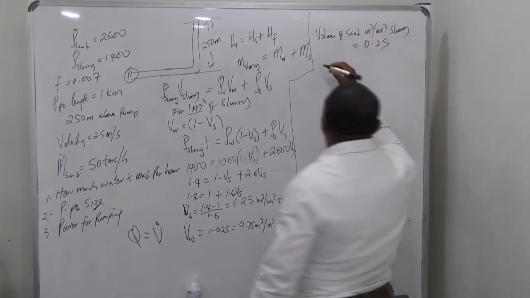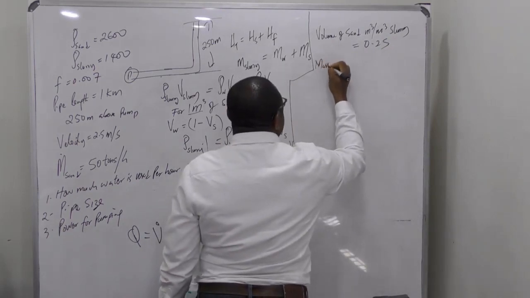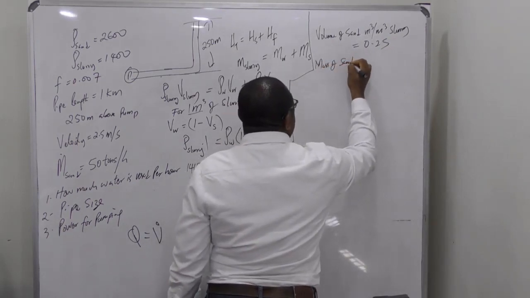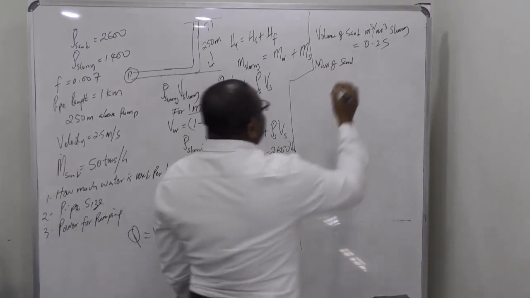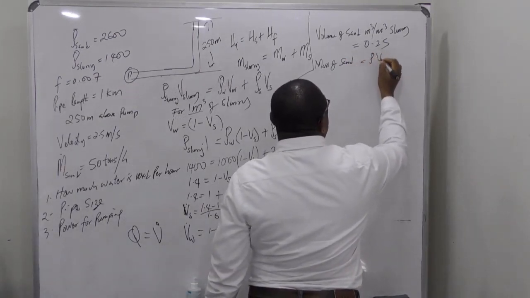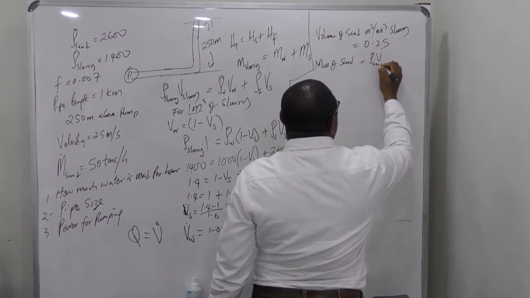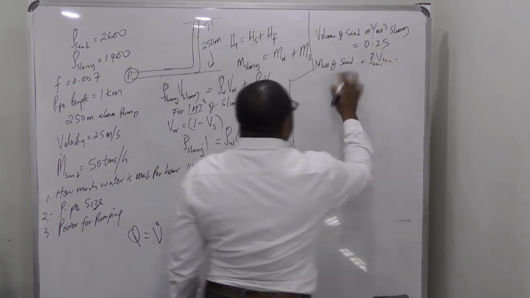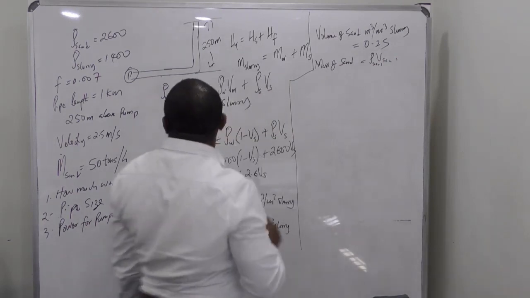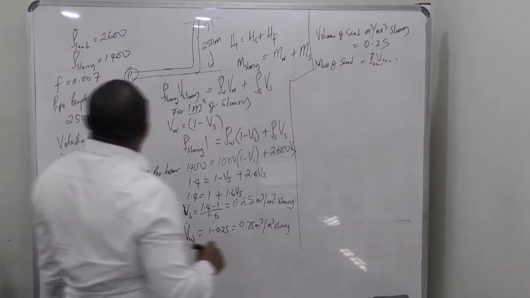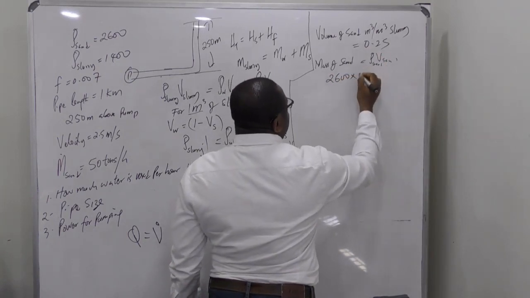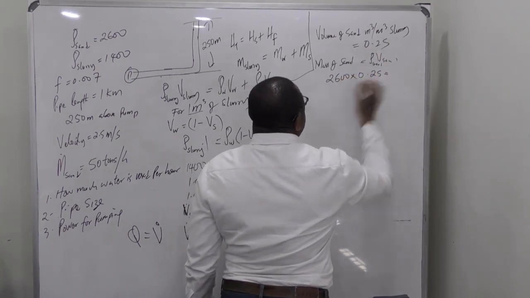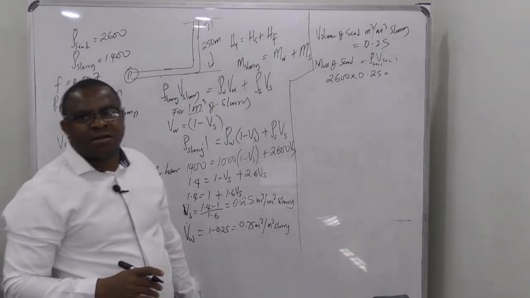That means our mass of sand will be density times volume of sand. The density of sand is 2,600, so we have 2,600 times the volume of sand, 0.25. This will give you the mass of sand.